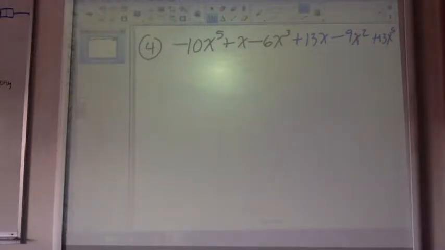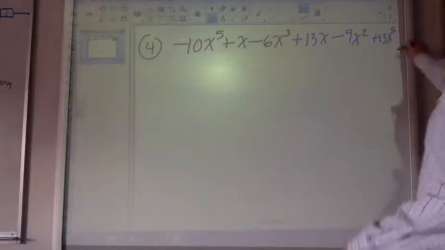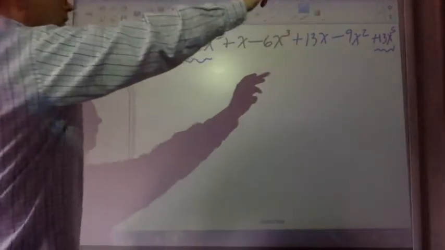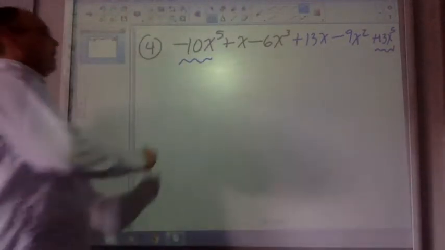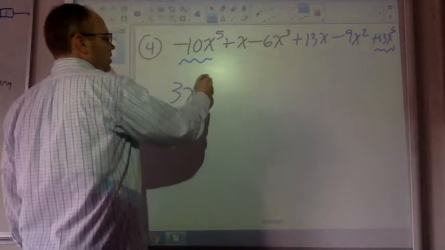Okay. Is that all right so far? The problem's not done at that point, is it? Done? No, we have to combine like terms. So highest exponent, it appears to be the 5th. So I have a 13x to the 5th there and a negative 10x to the 5th there. If I combine those together, I get 3x to the 5th.